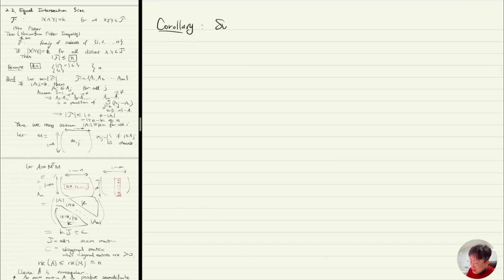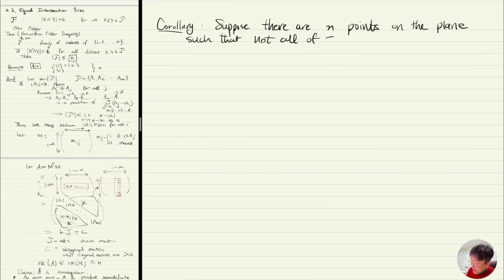So suppose there are n points on the plane such that not all of them are on one line.